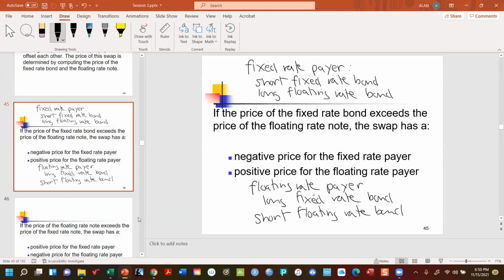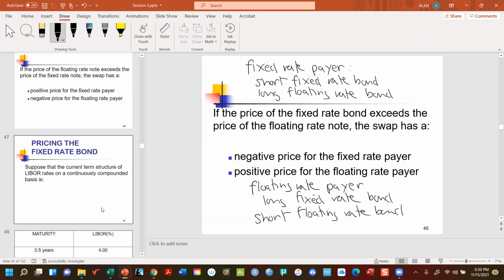So if the price of the fixed rate bond is higher, we're long the higher, the more valuable bond. Therefore, our position is positive. All right, so hopefully that makes sense to everyone. And again, we'll see this when we go through the examples in Excel.